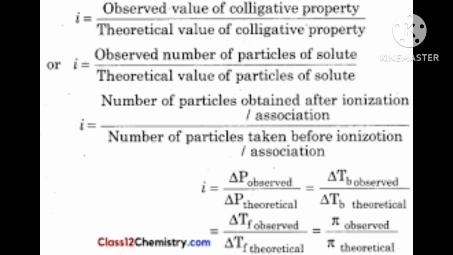Okay, because it is becoming double. 1 is becoming 2, hence vapor pressure will be less in that ratio only, and molecular weight again will change in that ratio only.